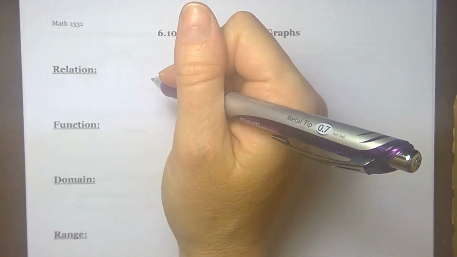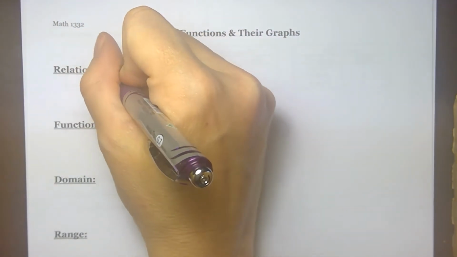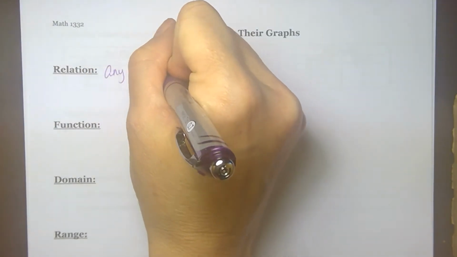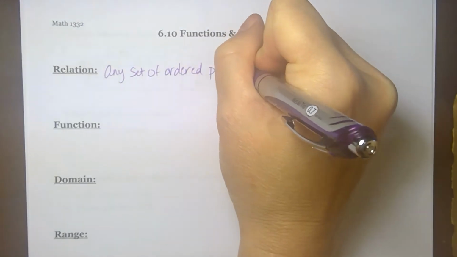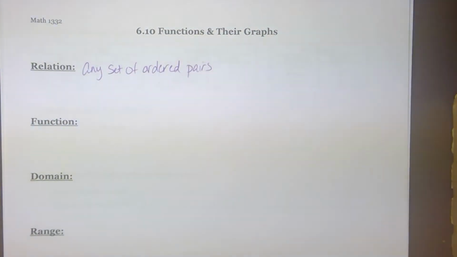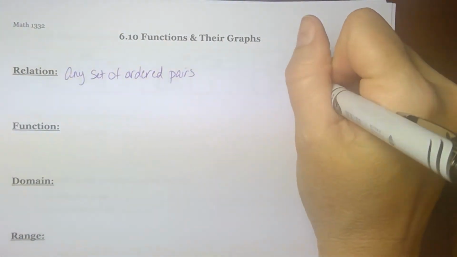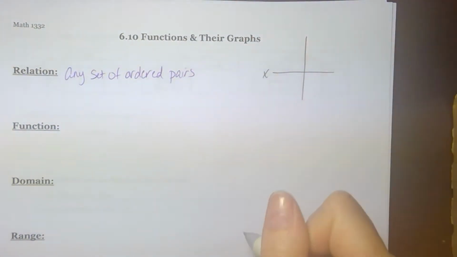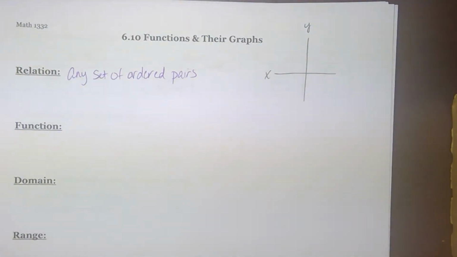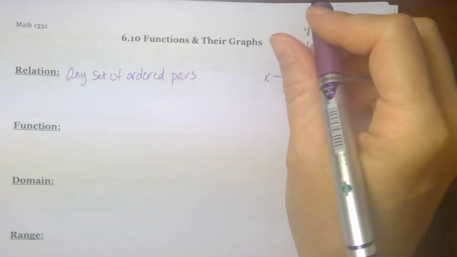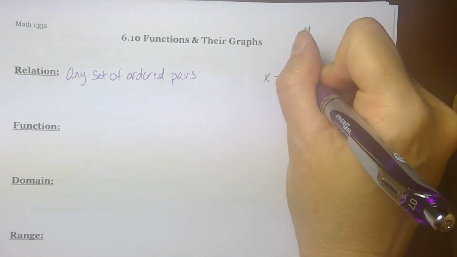A relation is our general definition for any set of ordered pairs. Now, when we're talking about sets of ordered pairs, we're referring to an XY coordinate plane graph, a real coordinate plane graph, where we have our x-axis as the horizontal axis, our y-axis as the vertical axis. And let's say I chose to plot a point here.